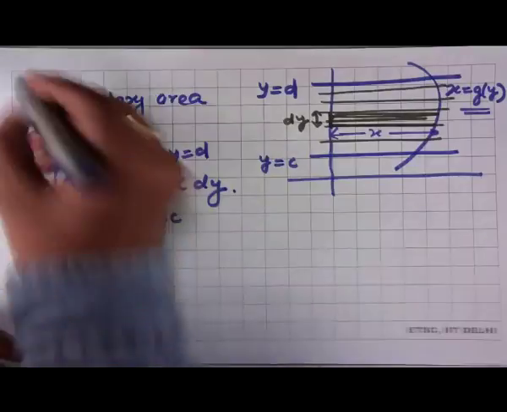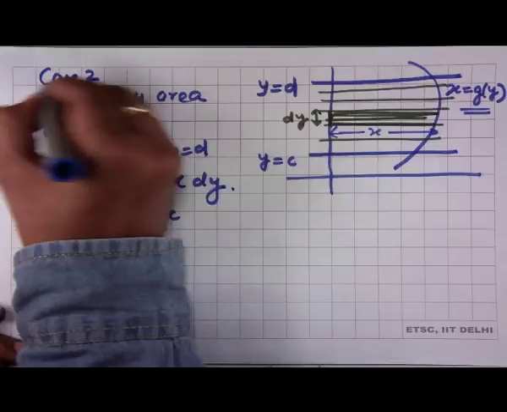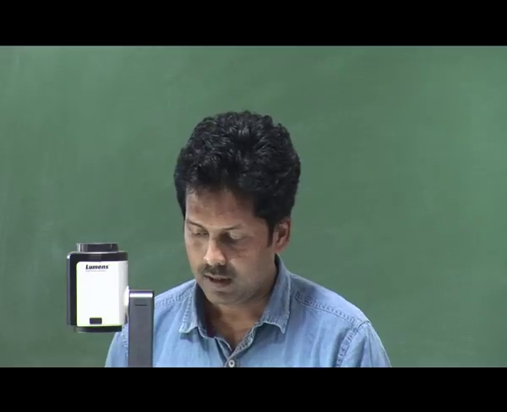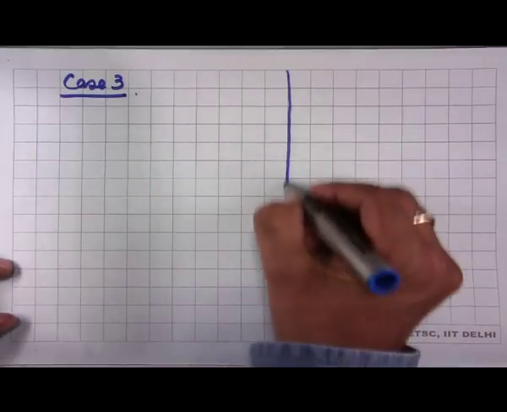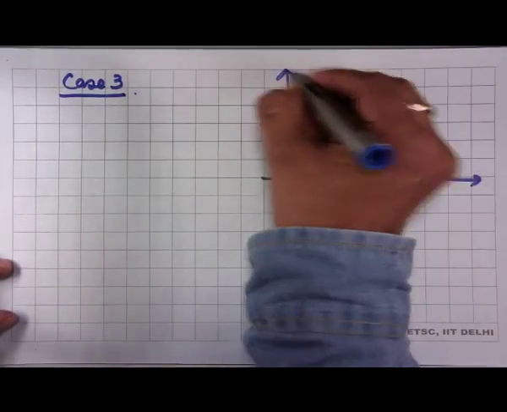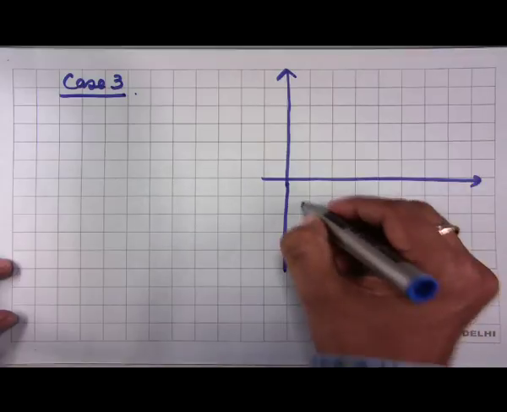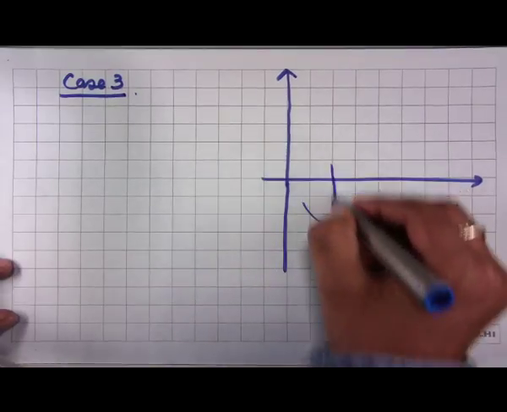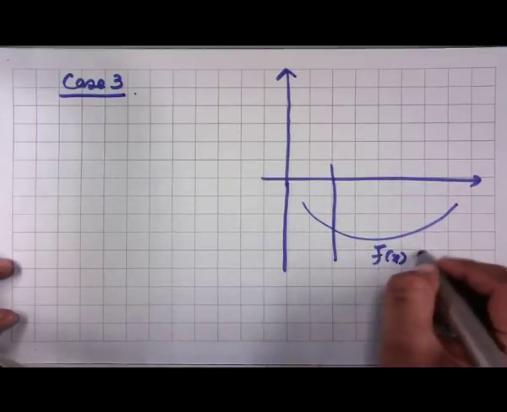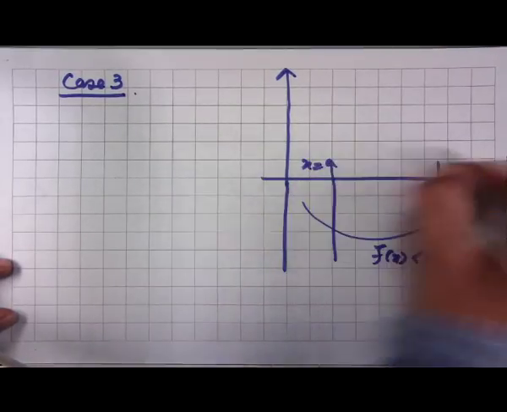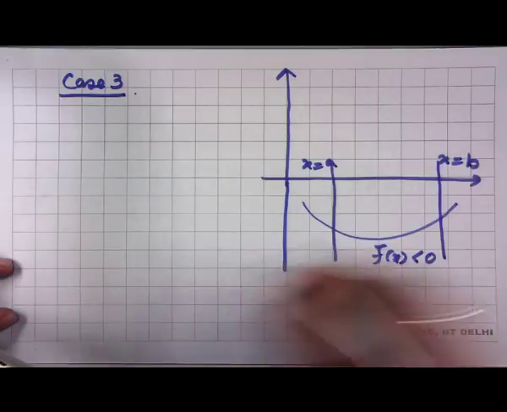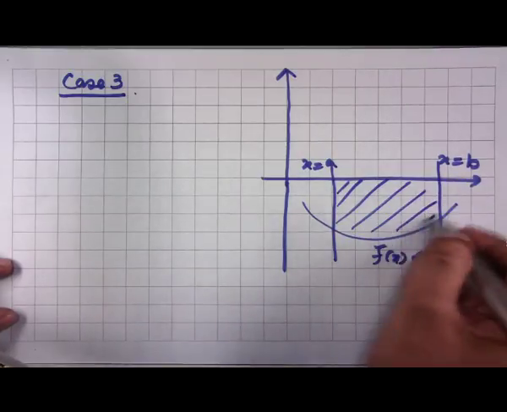So this was case 2. Let us see case 3, where your function is all below x axis. So this is your f(x), which is all negative from a to b. This is the line x equals a, this is the line x equals b, and this is the required area.